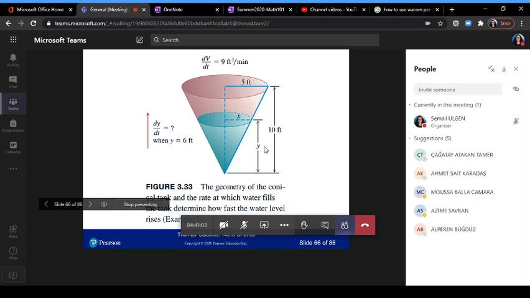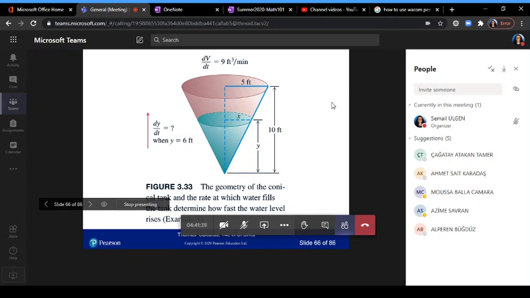So that's good that we have this relationship, because we can write V equals pi x squared times y over 3. So instead of x, I can write y over 2. So pi times y over 2 squared times y over 3. Okay, so I have a V expression in terms of y only, but I'm interested in dV/dt. Take the derivative of both sides with respect to time, because everything is a function of time.